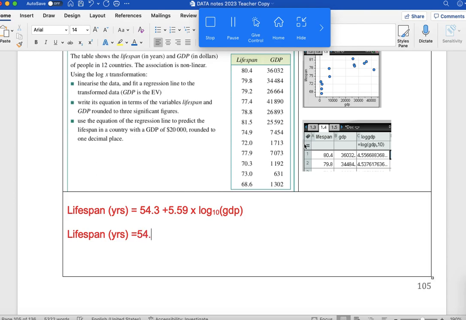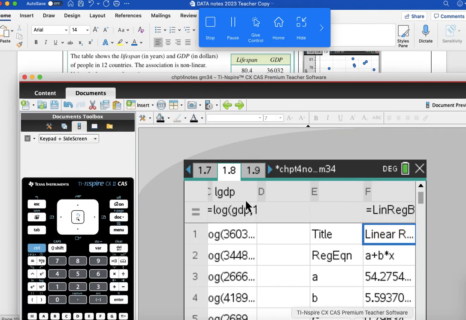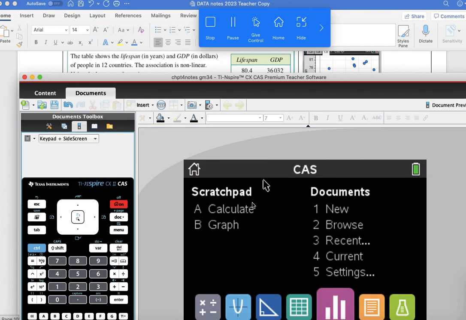So you type that on your calculator, which I'll do in a minute. So 20,000 is going in there. Okay?